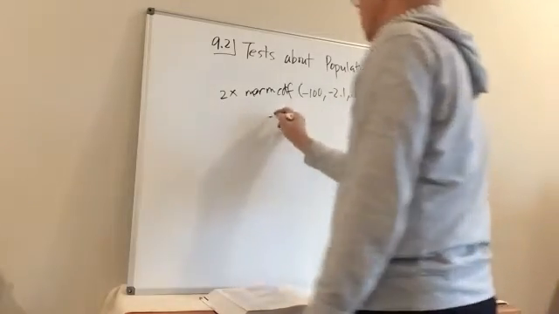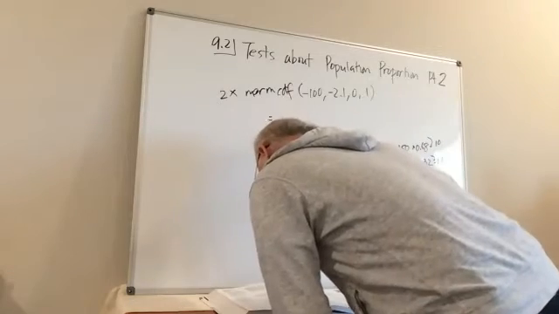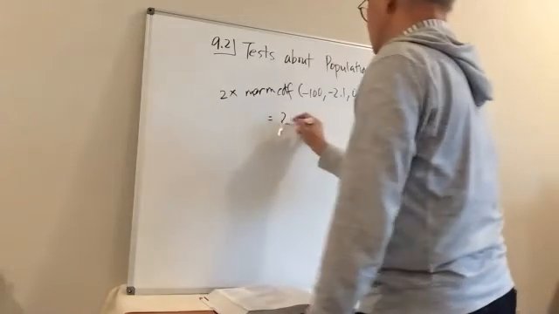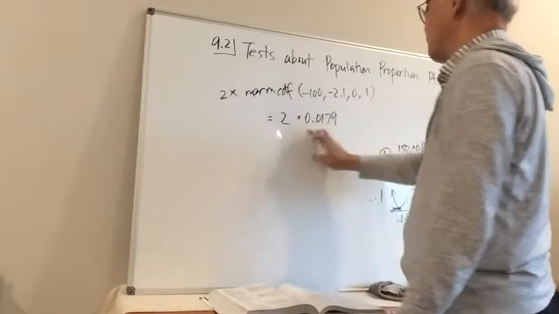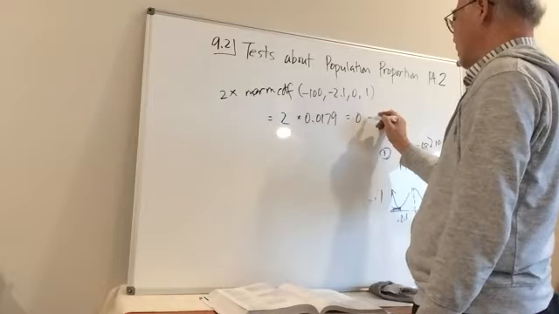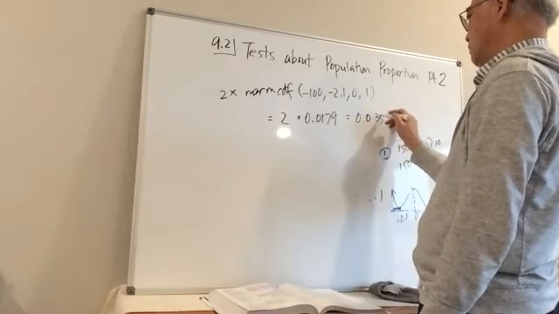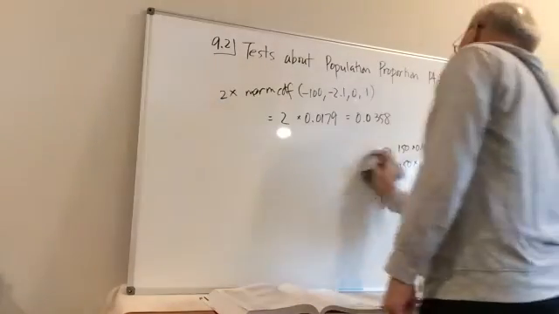And if you do this, you're going to find 2 times 0.0179, which is going to be 0.0358. Okay, so this is my p-value.